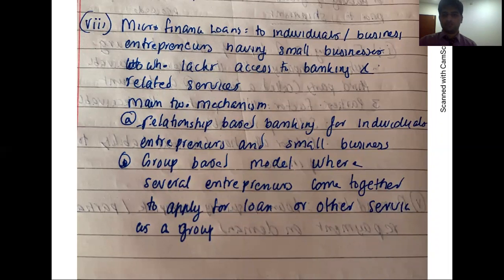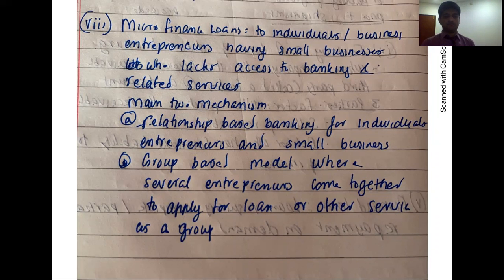Microfinance loan. This is normally given to small businesses. Recently, Bangladesh microfinance loan was one of the reasons an economist in Bangladesh got the Nobel Prize. This is for supporting small businesses who lack access to banking and related services.